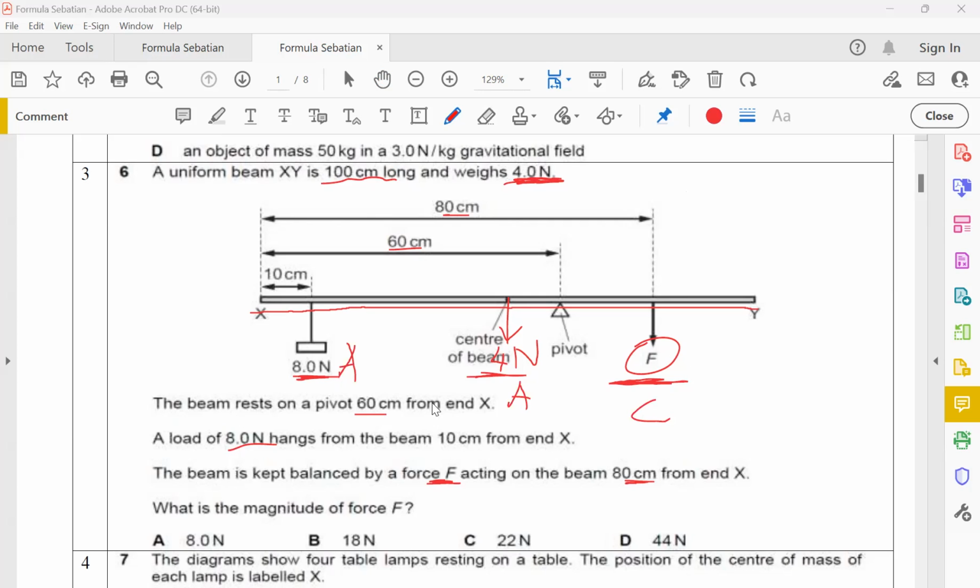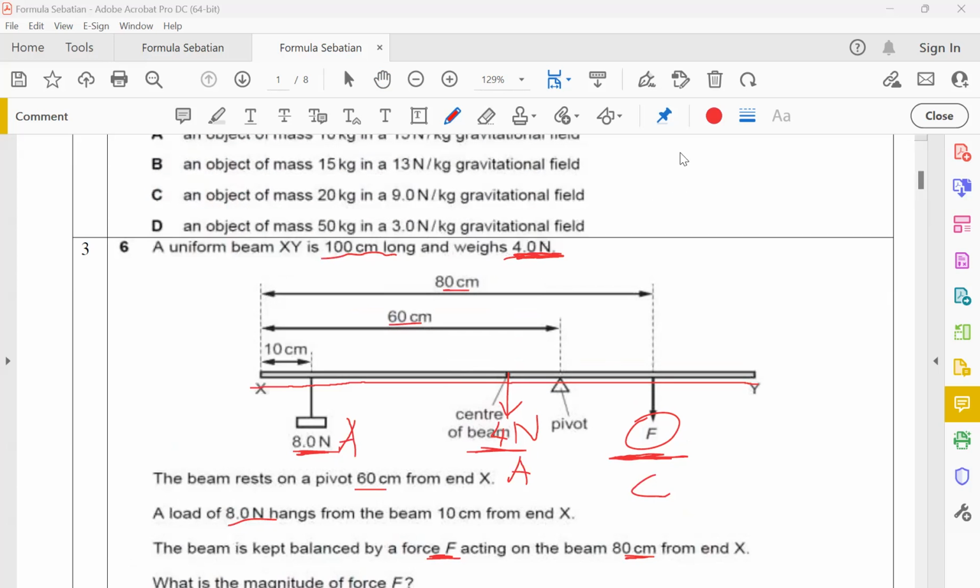So from here, if you have identified this, same thing I keep telling you guys, it's the moments in equilibrium formula, which states that the total anti-clockwise moment must be equal to your total clockwise moment, right? So there's 2.